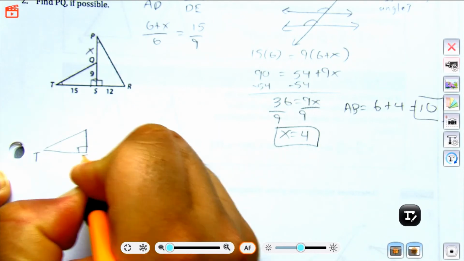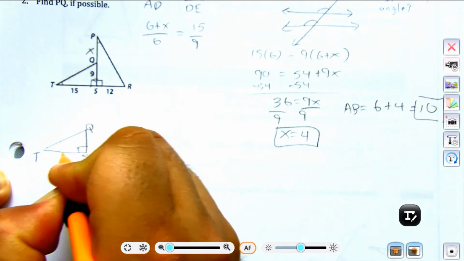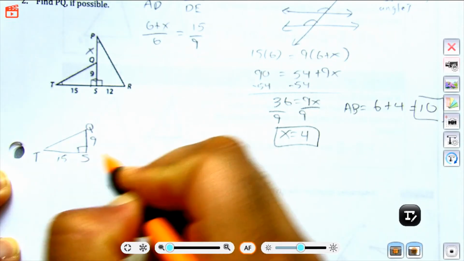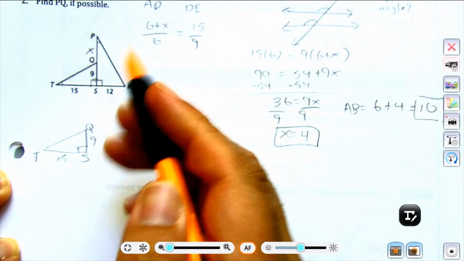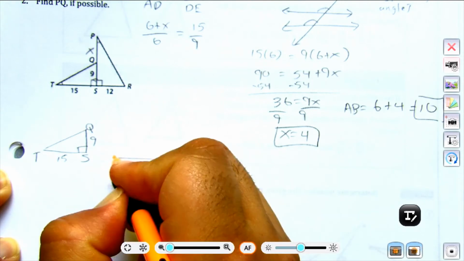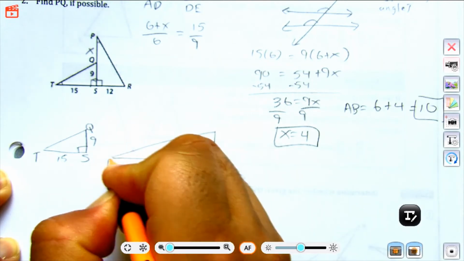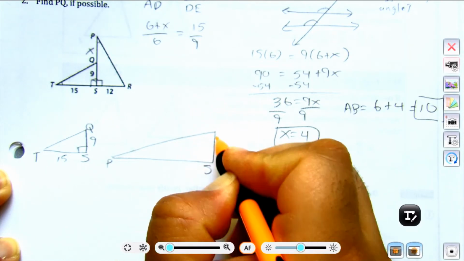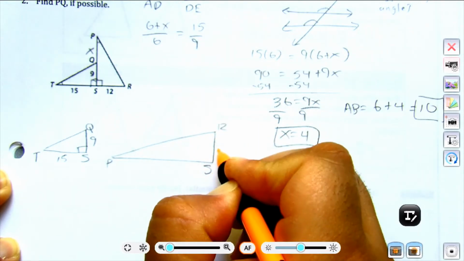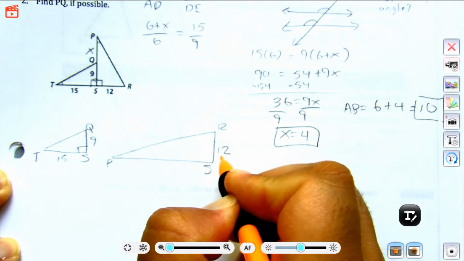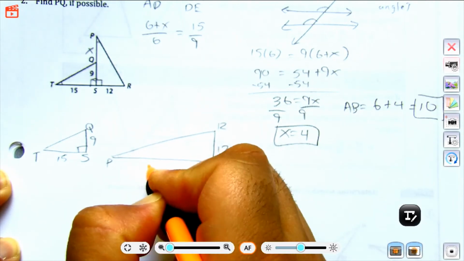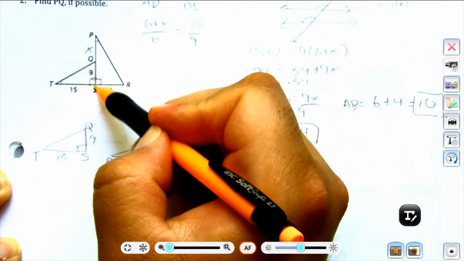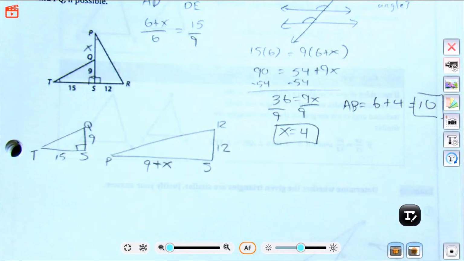This is 9 and this is 15. And I'm going to rotate this top one. So this is P, this is S, and this is R. And SR is 12. And PS, we're going to call that 9 plus X, because that's 9 plus X right there. And this is a right angle as well.